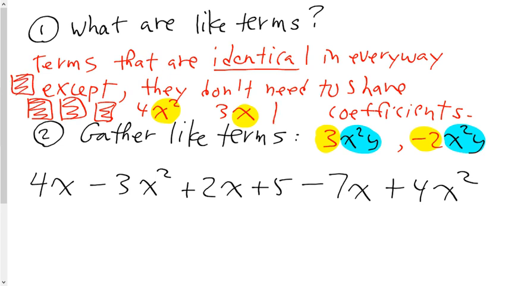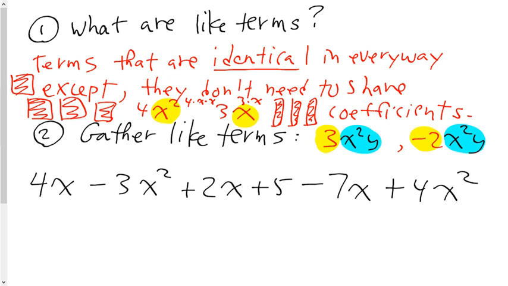And 3x would look like this. So pictorially, we're representing something completely different. And symbolically, this is 4 times x squared, where this is only 3 times just 1x. So those would be considered not like terms because they are not identical in every aspect.